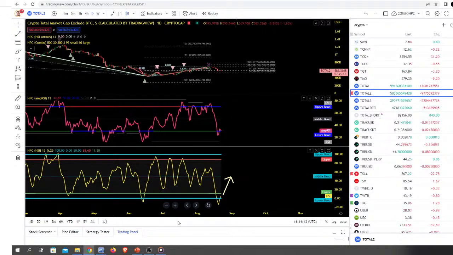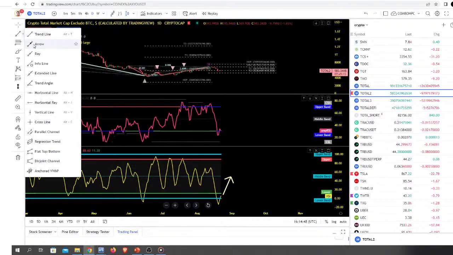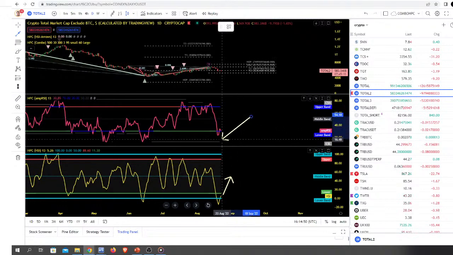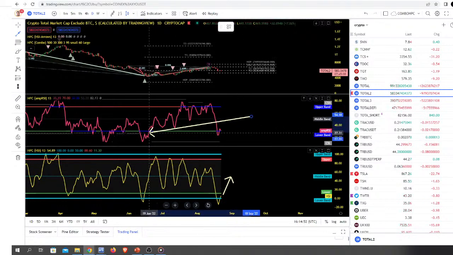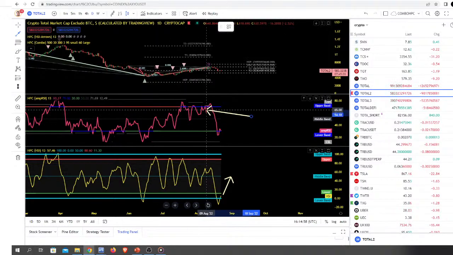Some constructive things to take note of. Our amplified RSI has triggered out. So there's the complex formation at the original low from June 21, basically, that came out. And we got to the overbought.